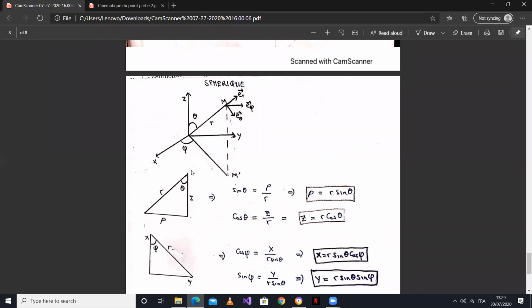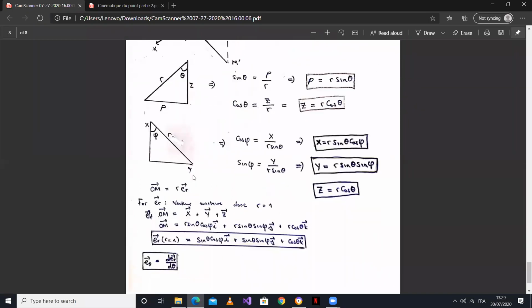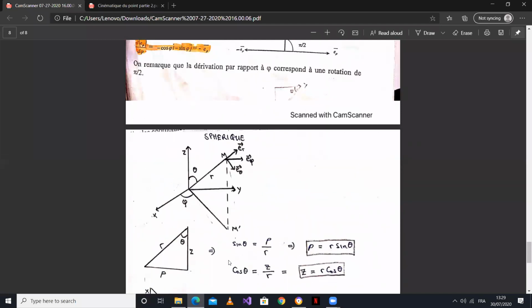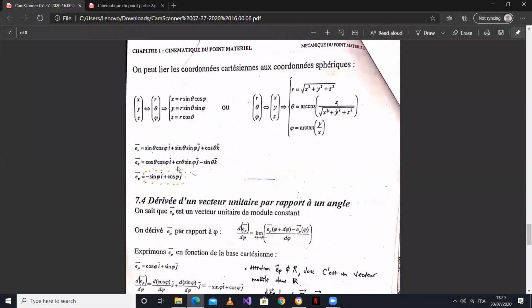It's clear. So what we're going to do next is calculate e theta. But I'm not going to do this one. I'm going to give it to you guys as homework. But the homework, you don't send it to me. You have the answer here already. I just want you guys to try and derive this formula. Yesterday when I calculated e rho, I then found e phi.